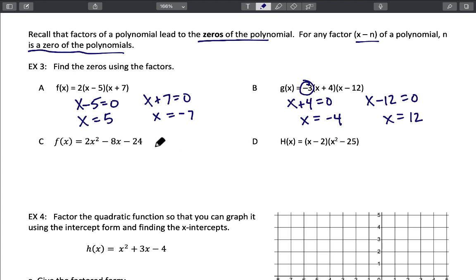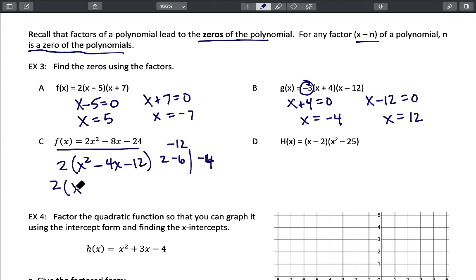All right, in letter C, we're going to factor out a GCF first. This one's not given to us in intercept form, so we have to find it. When we factor out a GCF of 2, we're left with x squared minus 4x minus 12. Now I can factor this quadratic further, looking for factors of negative 12 that combine to be negative 4, and that's going to be a positive 2 and a negative 6.